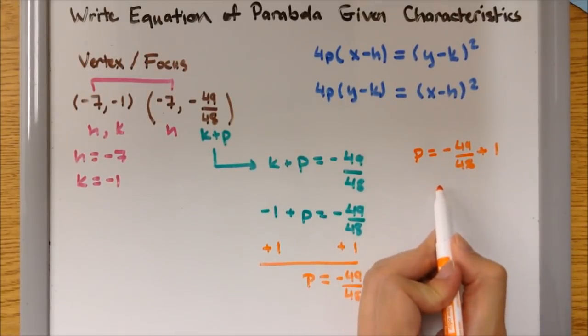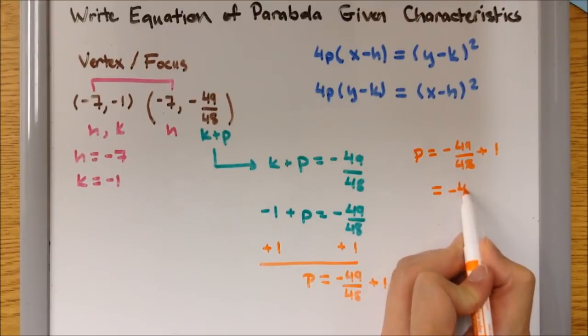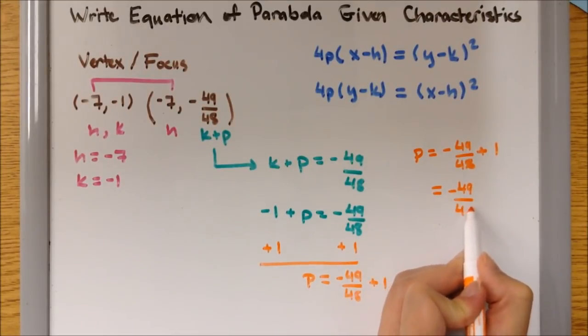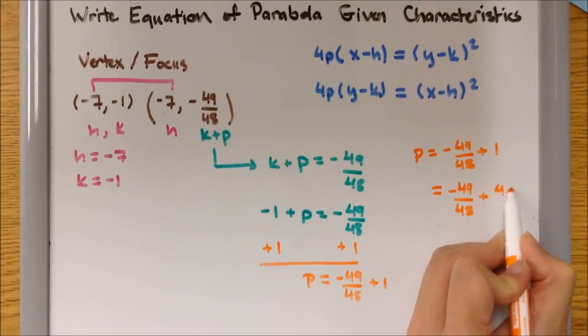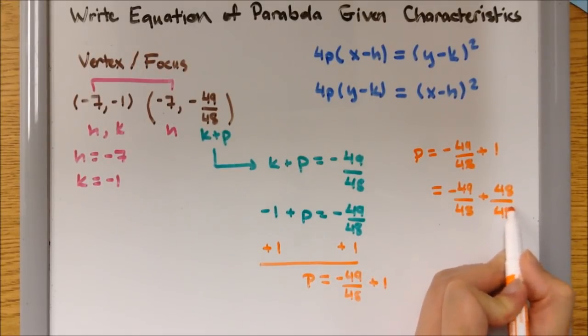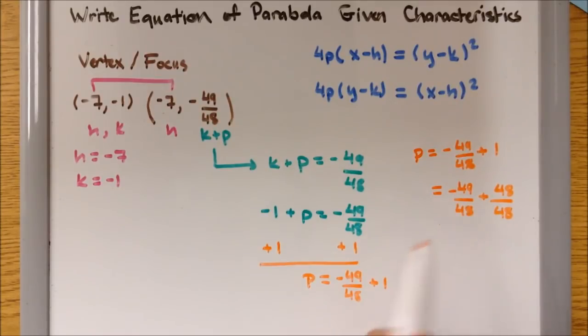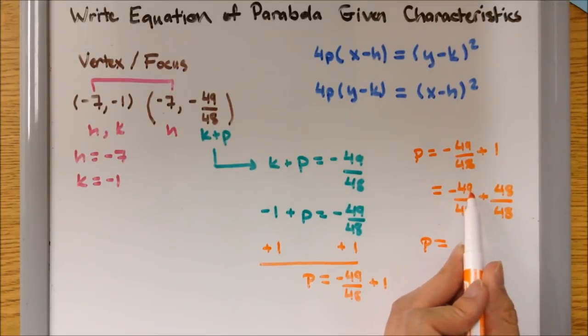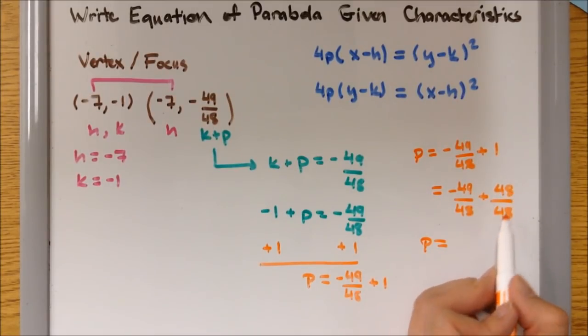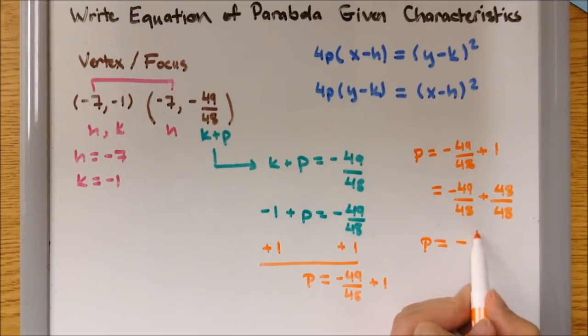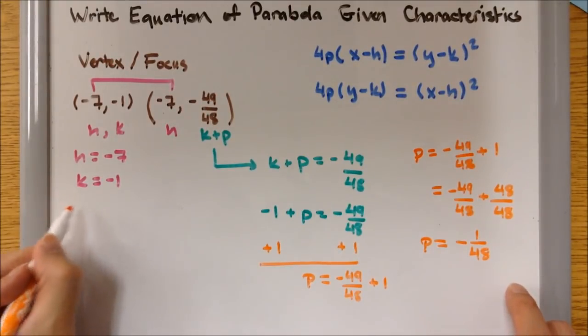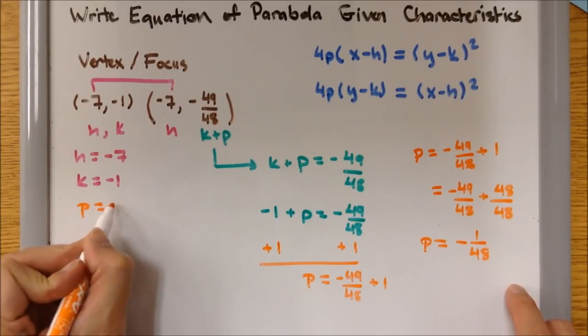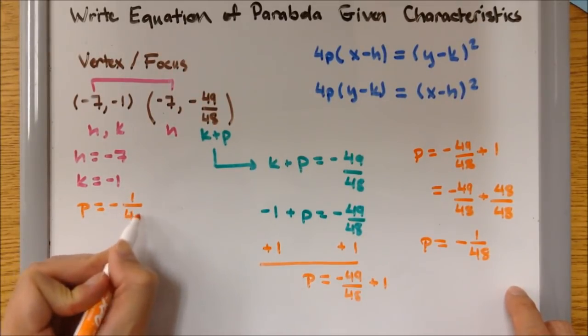So p will equal negative 49 over 48 plus 48 over 48, which will be negative 1 over 48. So therefore, p will equal negative 1 over 48.